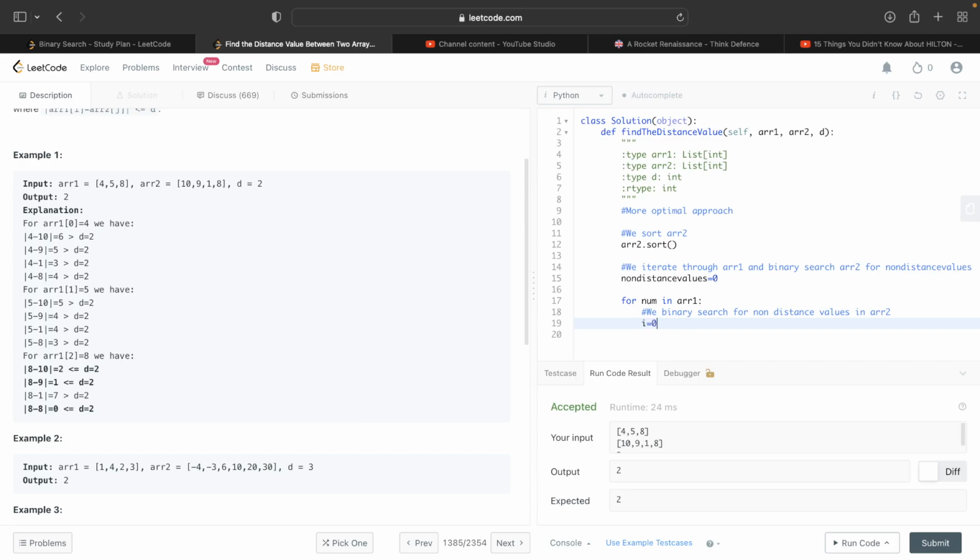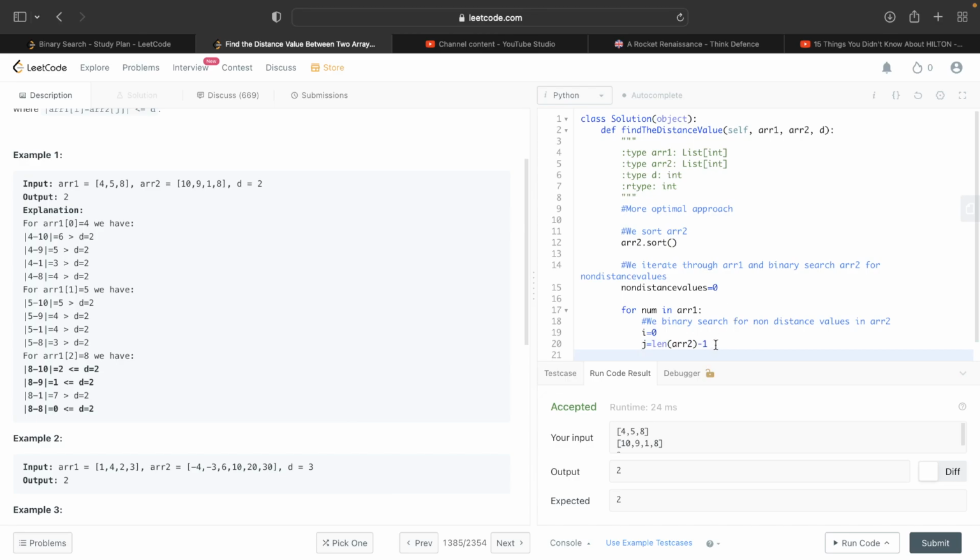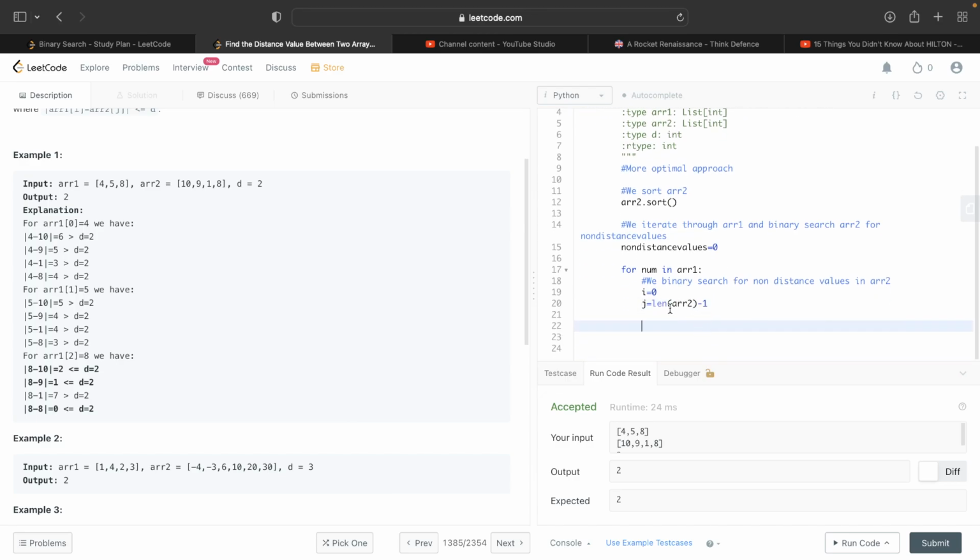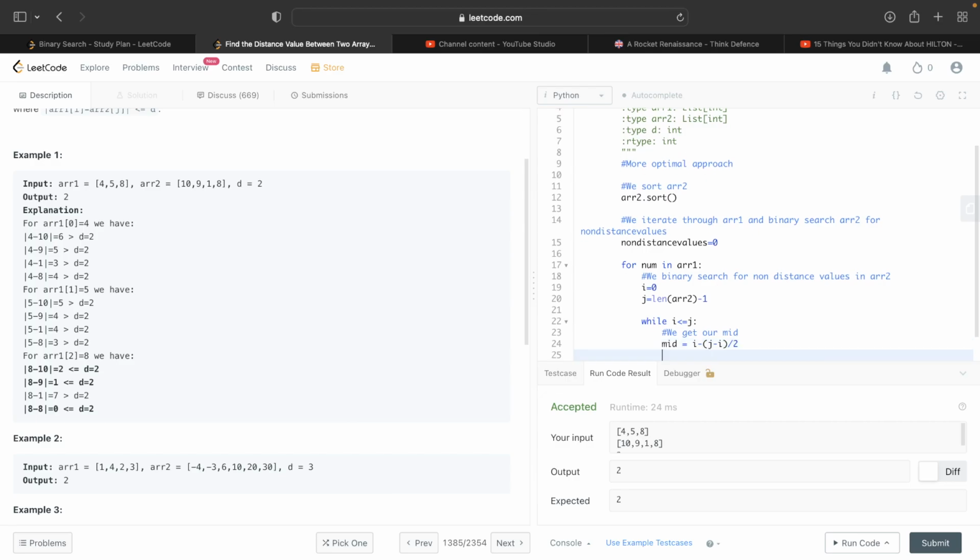So i is equal to 0, j is equal to length of arr2 minus 1. Then, while i is less than or equal to j, we get our mid. So mid will equal i plus j minus i divided by 2.